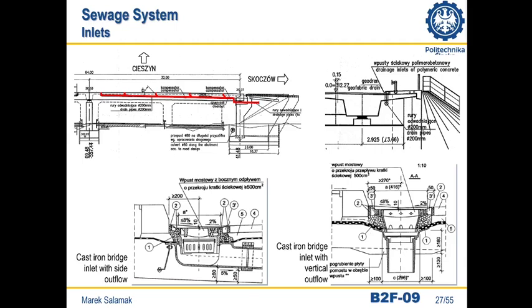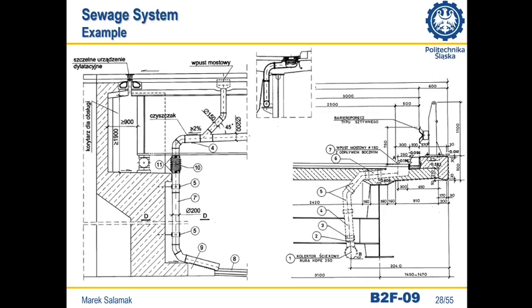They can have a straight or diagonal connection to the main collector. Main collectors are also subject to elongation and shortening as a result of temperature changes, and this is in a different range than a girder structure. Therefore, some exclusive compensators are needed here.